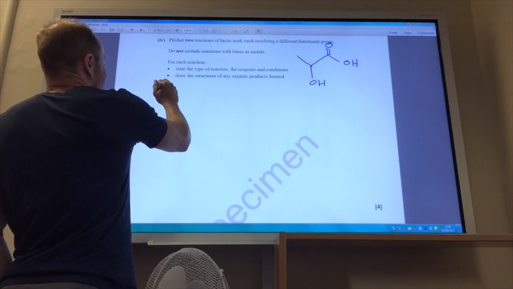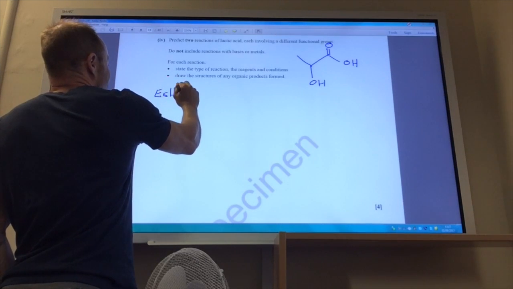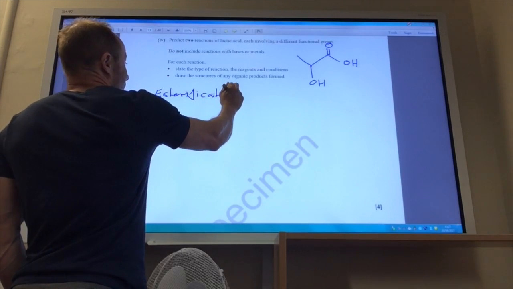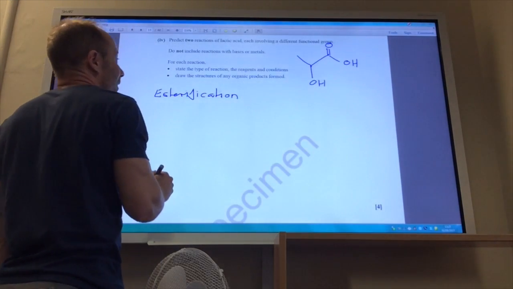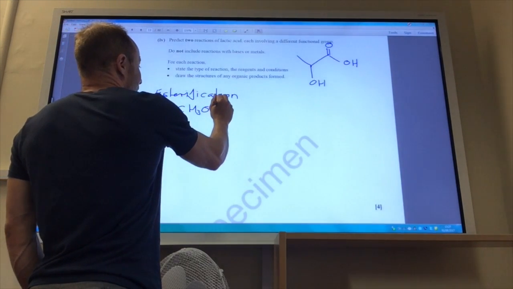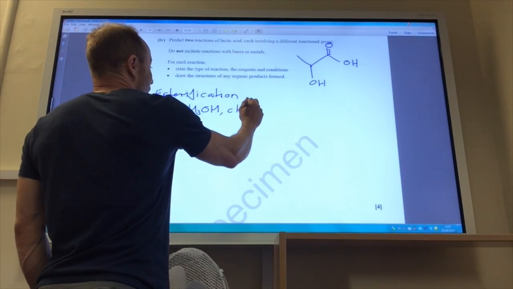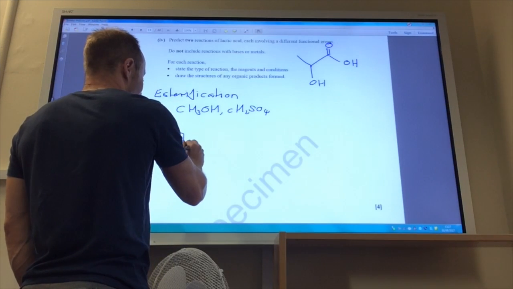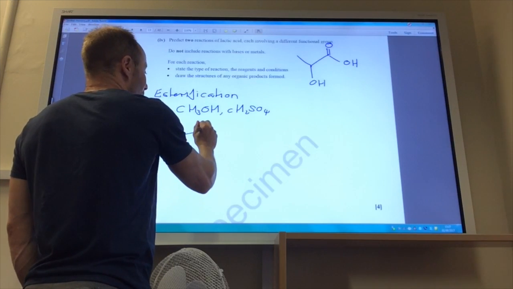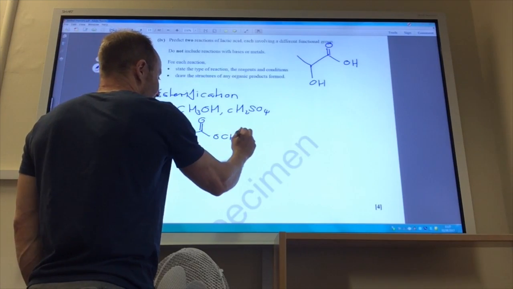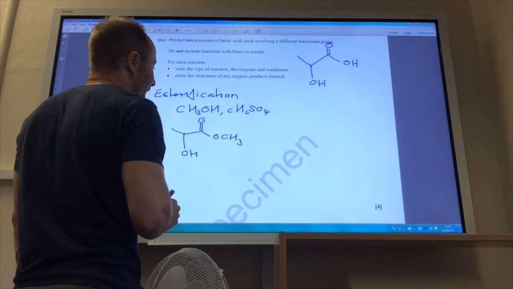So the type of reaction is esterification. And we are going to, let's say, react it with methanol and concentrated sulfuric acid. And what will happen is the alcohol group will not be affected, but I will put a methyl group on the end there.